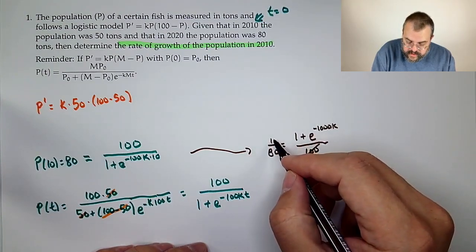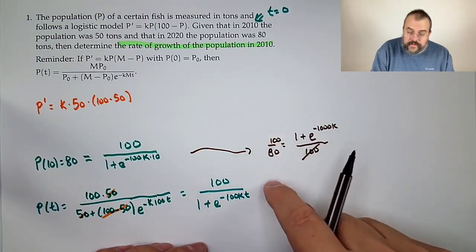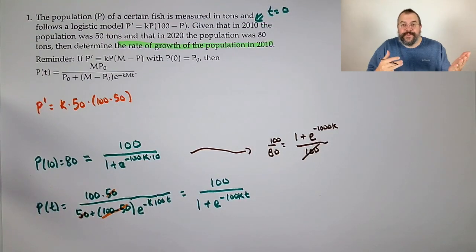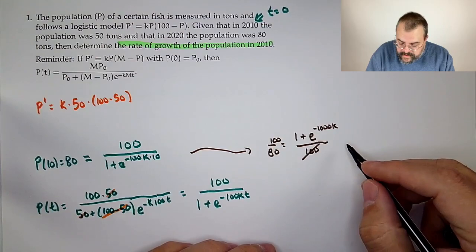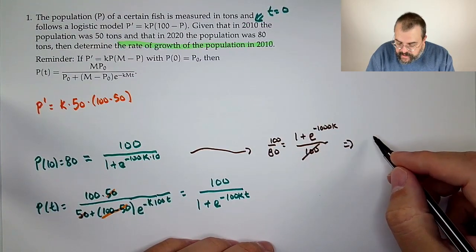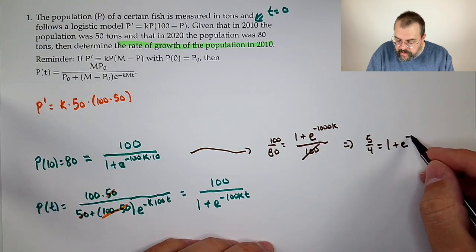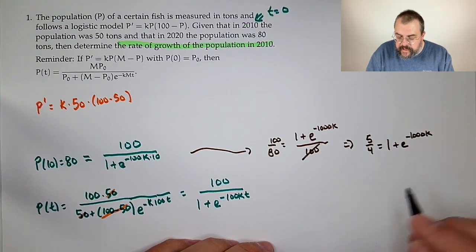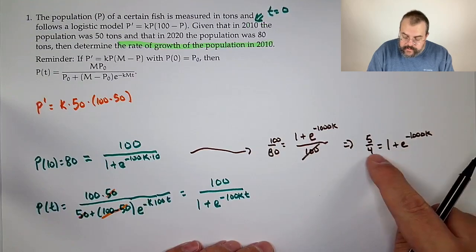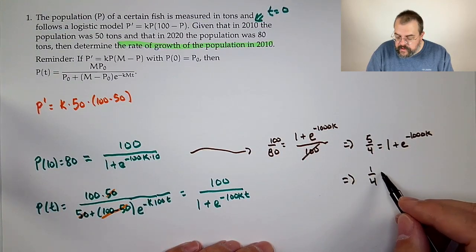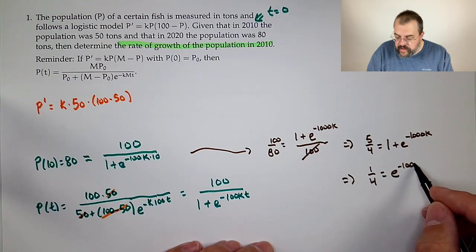So 100 over 80, that's the same as 10 over 8, which is the same as 5 over 4. So we have 5/4 equals 1 plus e to the minus 1000k. Subtract 1. So we get 1/4 is equal to e to the minus 1000k.